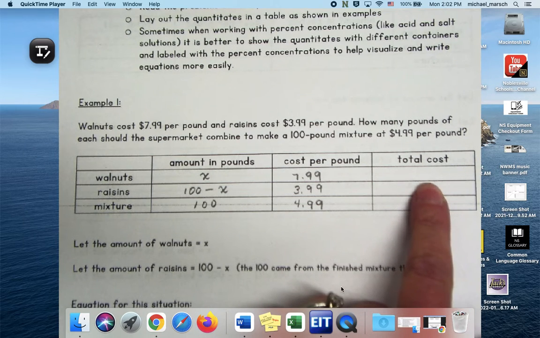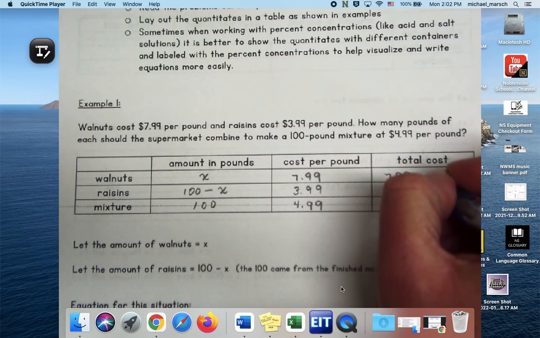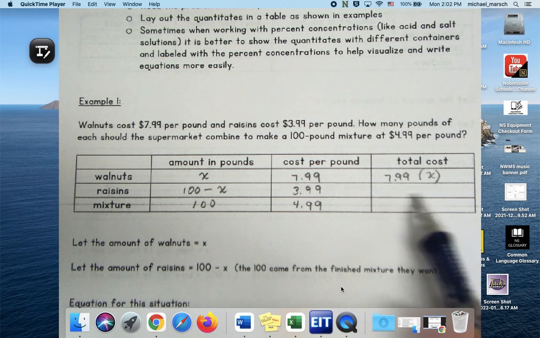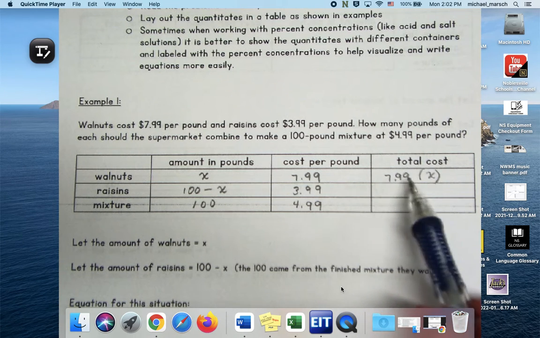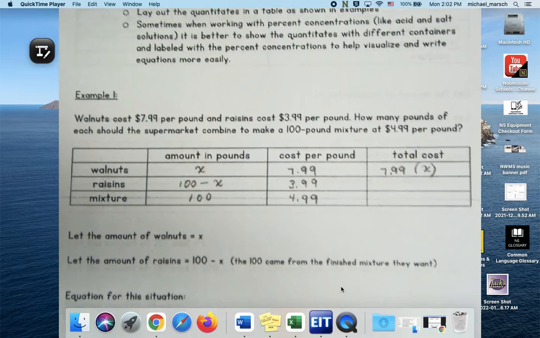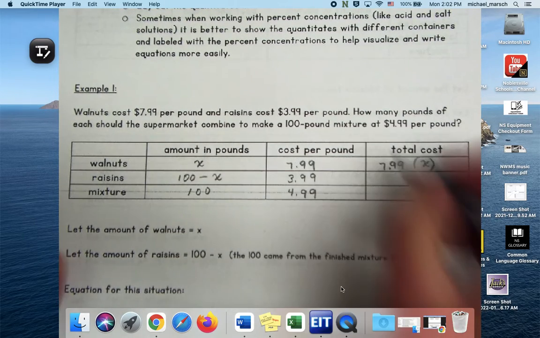Total cost for the walnuts is going to be $7.99 times X. Right? However many pounds times $7.99. Wouldn't that just be $7.99? It would be, but it'll make sense when I show you why I put it like that. For raisins, it's a little different.